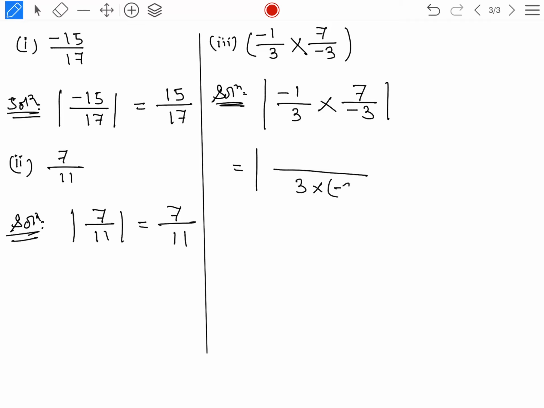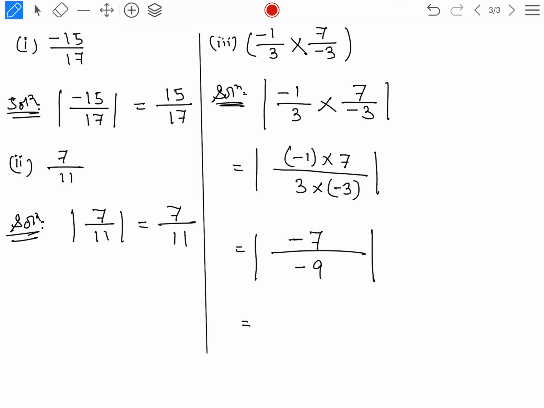So it will become minus 1 into 7 over 3 into minus 3, yes or no? You will write between these absolute value symbols only. Okay, minus 1 into 7 means minus 7, then 3 into minus 3 means minus 9, minus 7 by minus 9, yes or no? So again see, minus 7 by minus 9 means what?